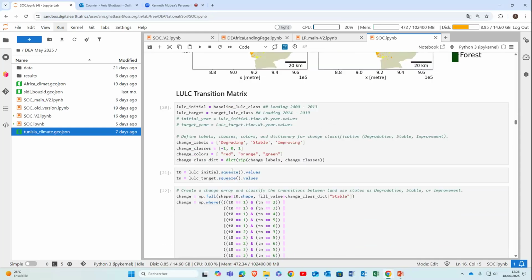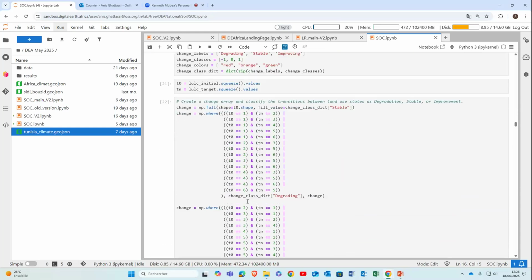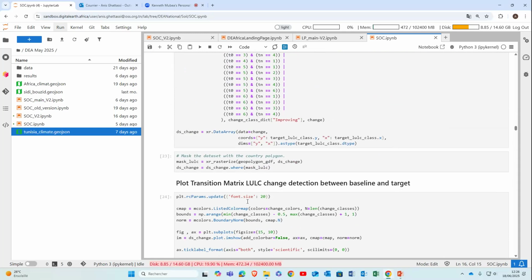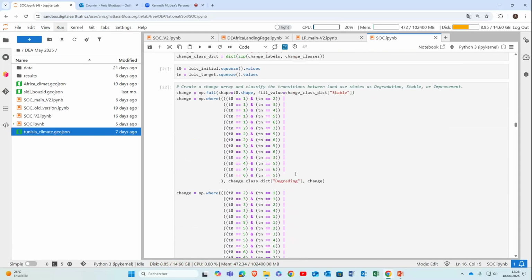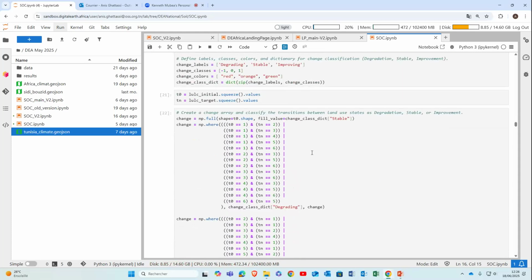Then we visualized the two maps relevant to these two periods with the different classes, as you are seeing here. After that, we created a land use transition matrix. This transition matrix will help us have an idea about the changes for these periods, from the baseline period to the target period, and then produce a land use land cover change map with 3 classes.